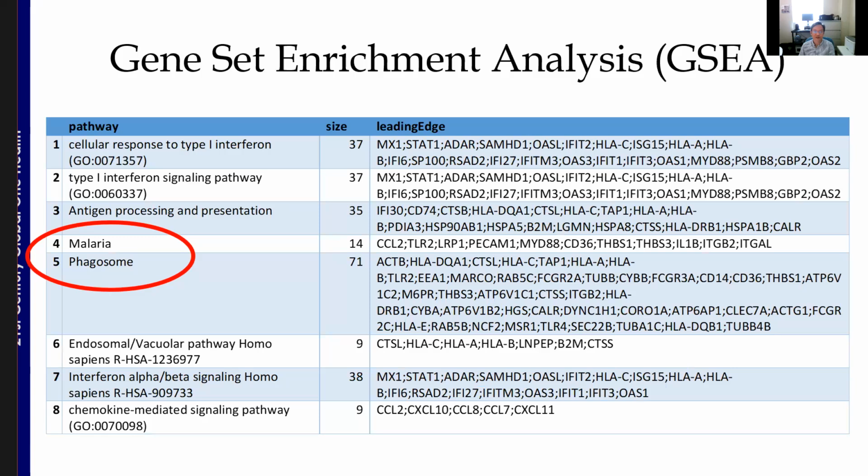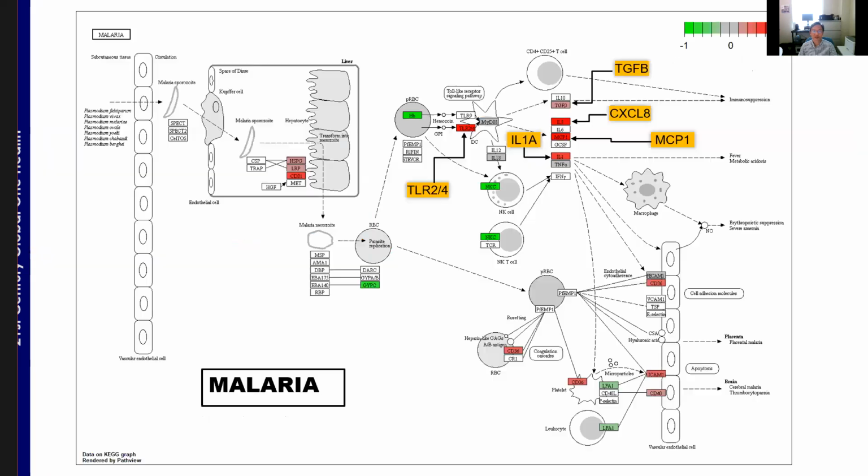Those are the genes, 14 genes and 71 genes in these two significant pathways. And we think it is significant because nobody expected the difference between severe condition and the more mildly affected patients to involve the malaria pathway.